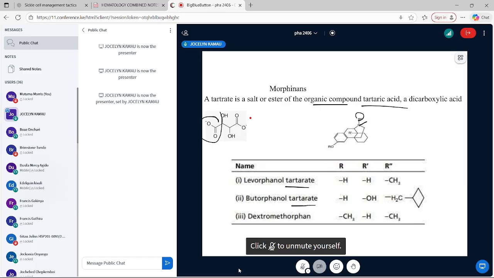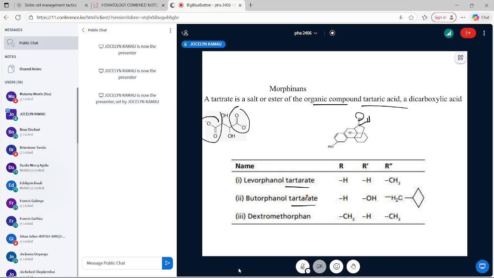So you can use an organic carboxylic acid, or you can use an inorganic acid. For the morphinans like levorphanol and butorphanol, you use the organic carboxylic acid, tartaric acid, just to get your salt. And you have it drawn for you. This is what you put here, and the nitrogen will be protonated, and this is what will be in the surrounding. So you can have levorphanol tartrate.